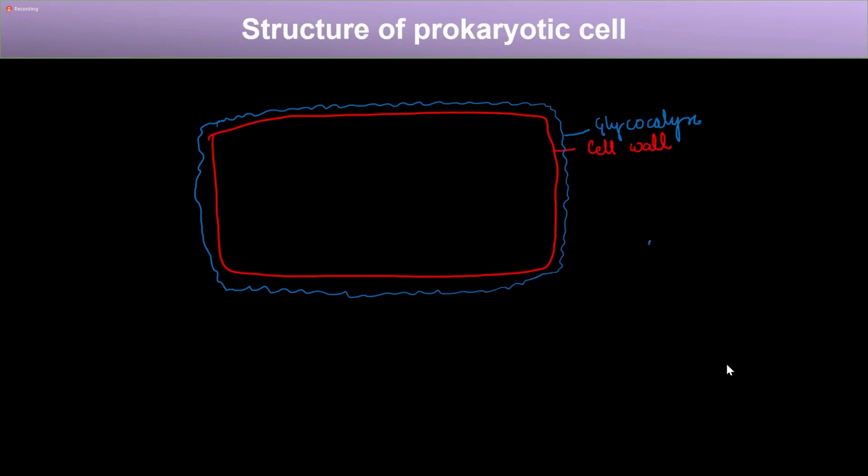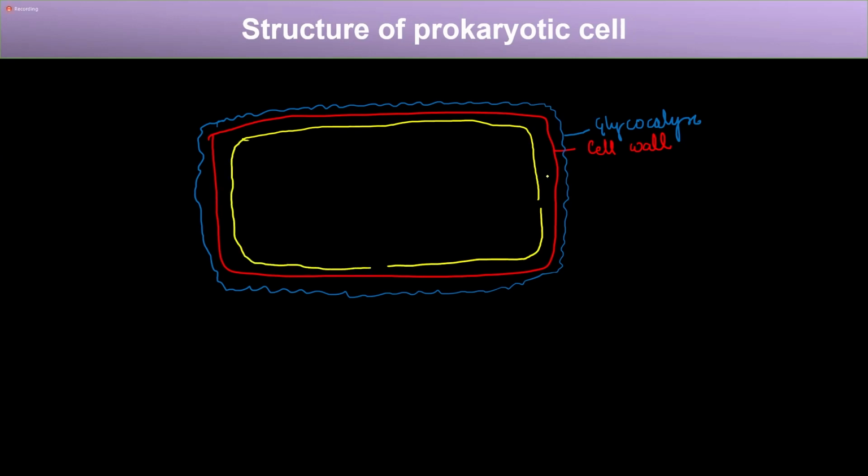Apart from this, the bacteria also has an inner layer, just like we studied in all types of cells. So it has an innermost boundary, and this innermost boundary is known as the plasma membrane or cell membrane.